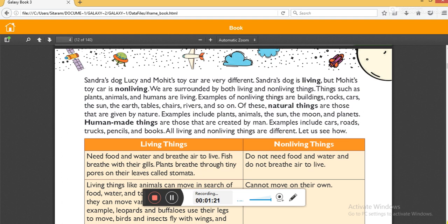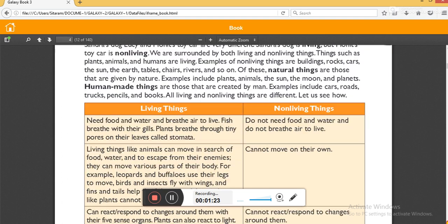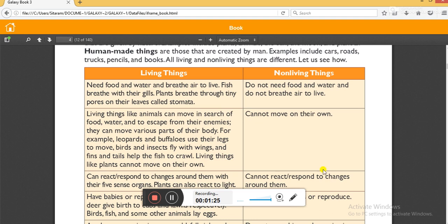Last class we discussed that living things need food, water and air to breathe. Fish breathe with their gills, and plants breathe through their tiny holes called stomata. What else do living beings do?